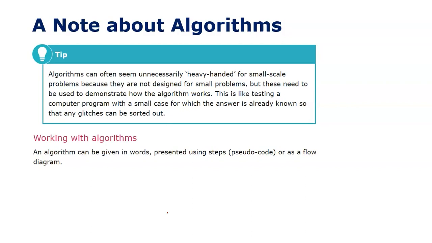But it doesn't mean that you would be able to do that same quick solution to a problem if it was 10 times bigger. You might then need a computer to find it. What we're trying to do with algorithms is get to a stage where we've got a flowchart or some computer code which will always work. And we want to get to a point where we can write that code for ourselves, I suppose.